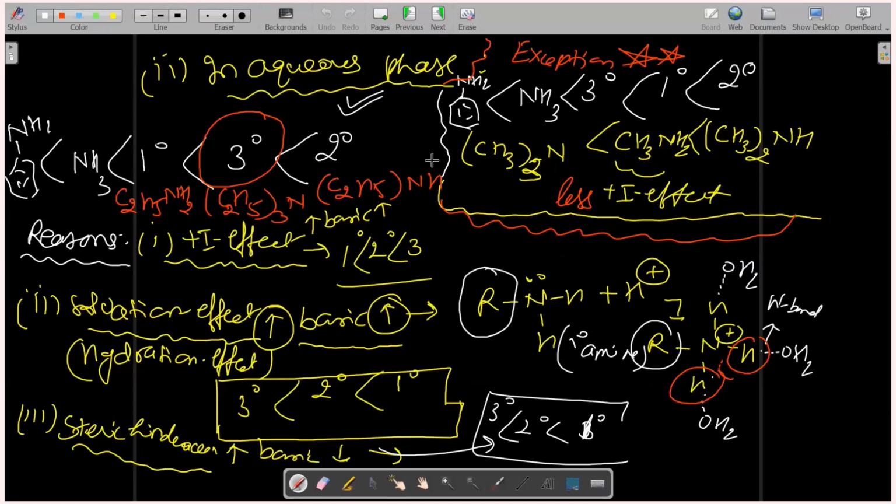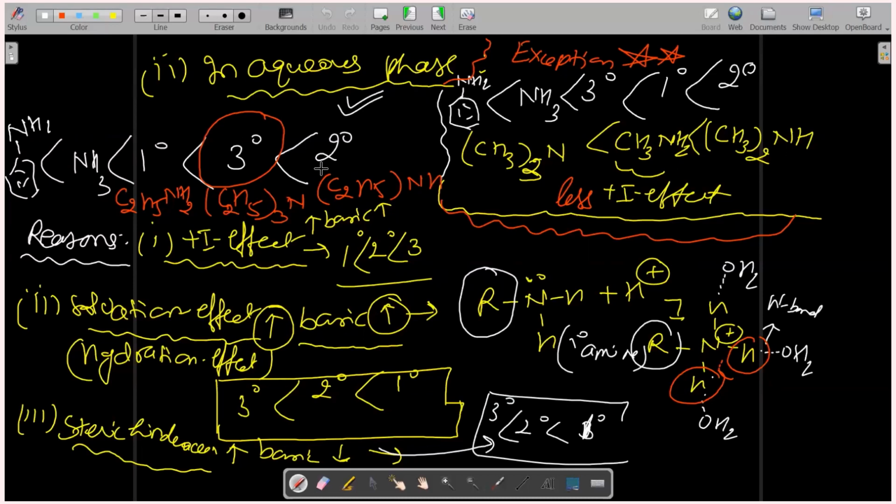You can see, when we discuss the basic character of aliphatic amine in aqueous phase, what the order is coming. Secondary is more basic than tertiary, while in gas phase tertiary had the higher basic character, but here secondary is more basic.